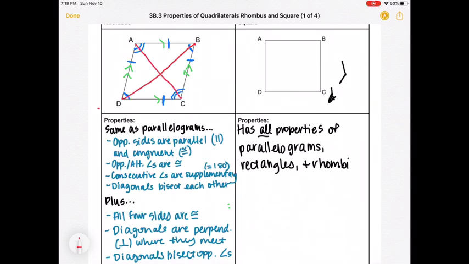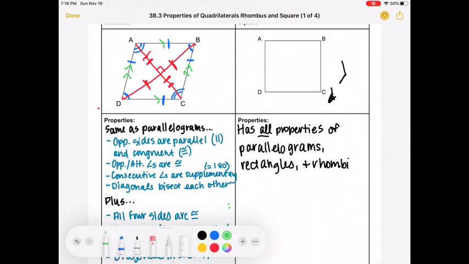So this is the same as this. This one is the same as this one. If you wanted to draw a 90-degree angle in there, you could do that as well. Also, it bisects the angles, but those are already marked for us because we marked them previously.